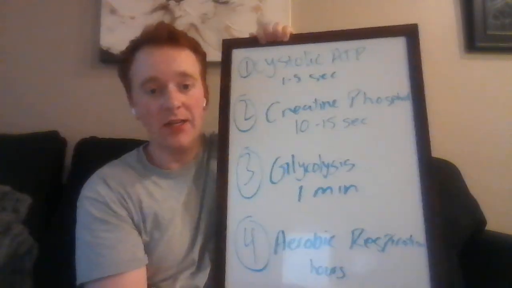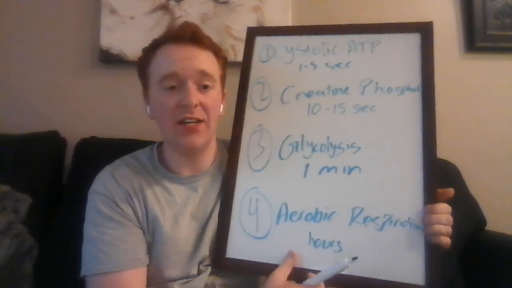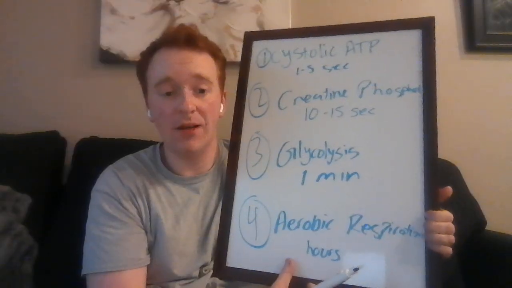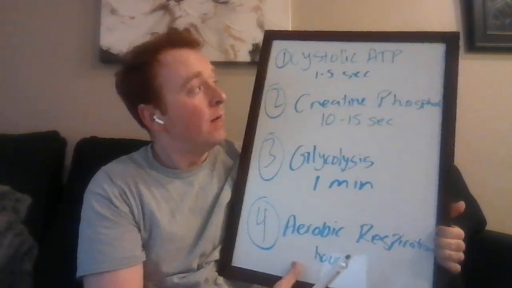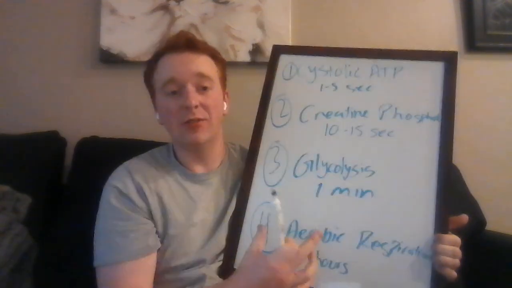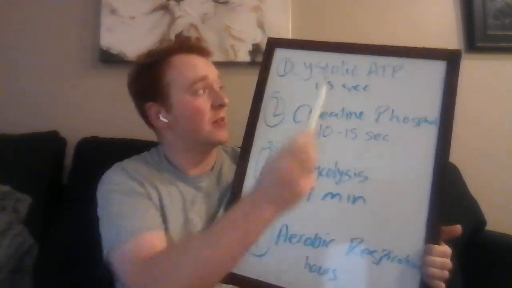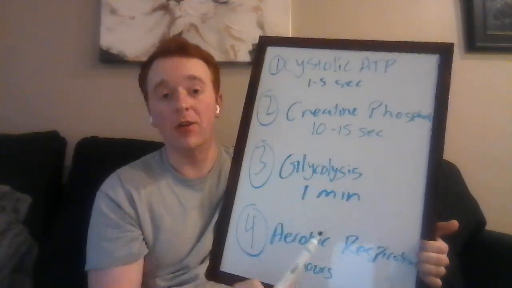This is aerobic respiration. And so aerobic respiration energy in our muscles is used for standing for long periods of time. I wrote this in order 1 through 4 because this is how our muscles order these different types of energy. When our muscles run out of stored ATP, it goes to creatine phosphate, so on and so forth.